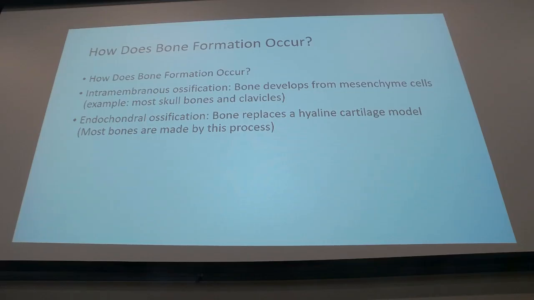We have mesenchymal cells that form this type of bone. And then in endochondral ossification, which is the rest of the bones of our body, we had a model of hyaline cartilage that, after calcification, became a bone.